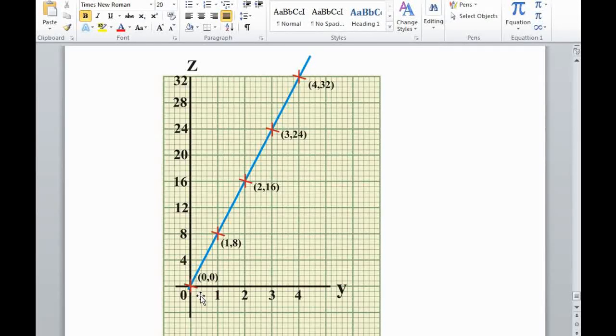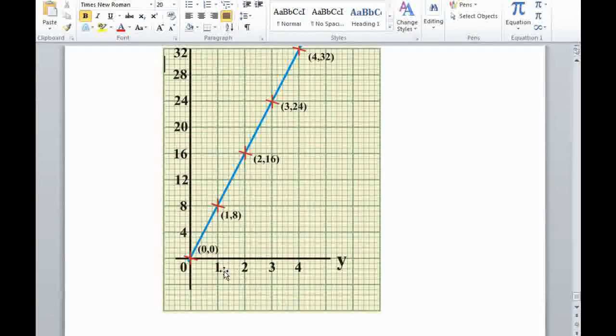I'm taking one large square equals 1 unit on the y axis, and one large square equals 4 units on the z axis. So first large square equals 4 units, second large square equals 8 units, third large square equals 12 units, fourth large square equals 16 units, fifth large square 20, 24, 28 and 32. And on the horizontal y axis we have 1, 2, 3 and 4 units.